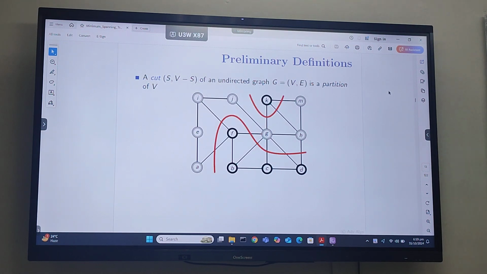So this forms a cut. There is a boundary between the two sets. This boundary goes through the edges that are connecting a black vertex with a gray vertex. So different colors are connecting to each other. Okay? So this is a partition.